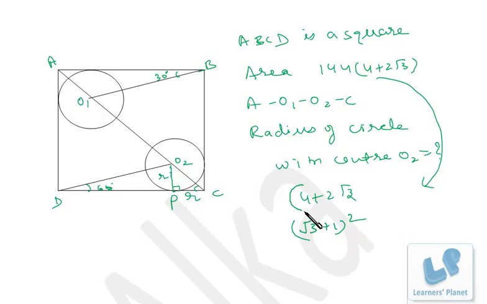So the square root of 4 plus 2 root 3 will be root 3 plus 1, and the square root of 144 is 12. So this side is actually 12 times (root 3 plus 1).